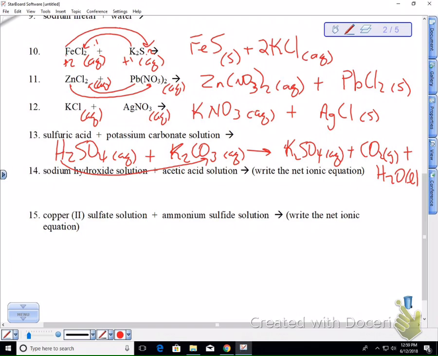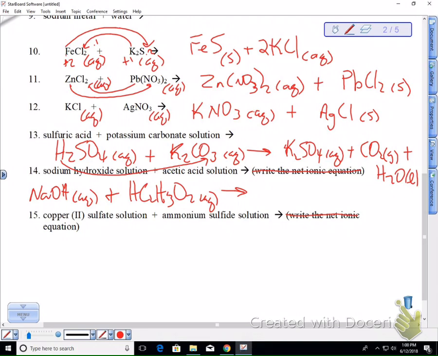Number 14 and 15, we're going to ignore these directions here. Those are more for AP. And we're just going to write the equation as normal. Sodium hydroxide solution, NaOH. We're going to mix it with acetic acid. Acetic acid is a weak acid. All right, let's do our swaps.